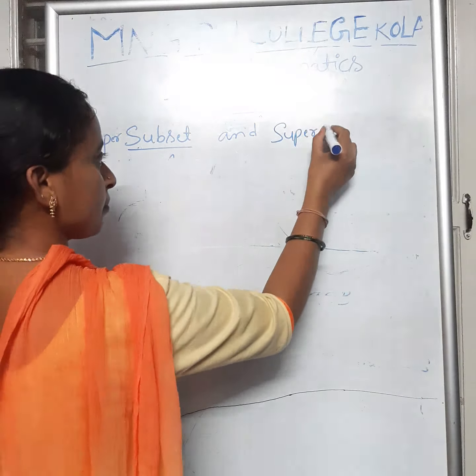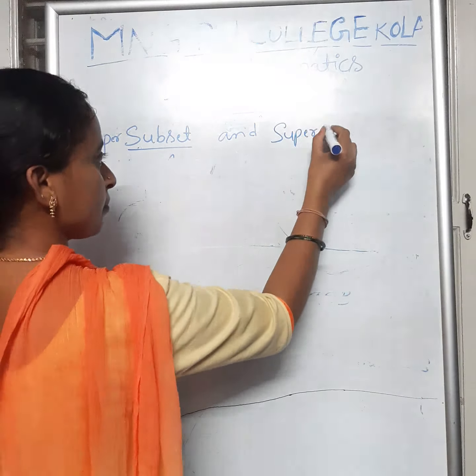If A is a subset of B and A is not equal to B, then A is called a proper subset of B, and B is called a superset of A.